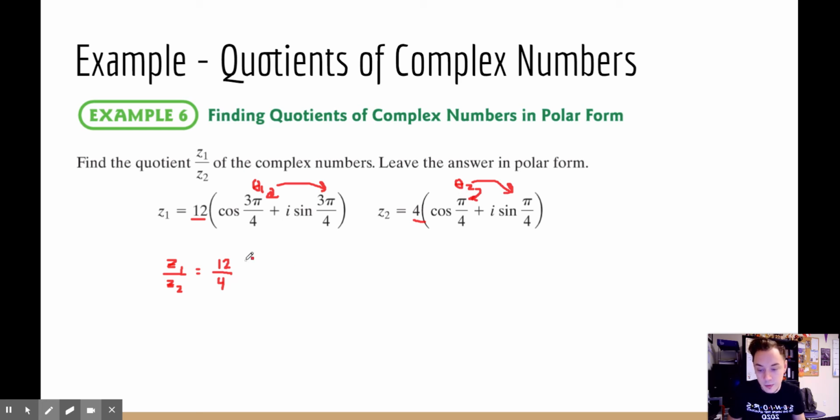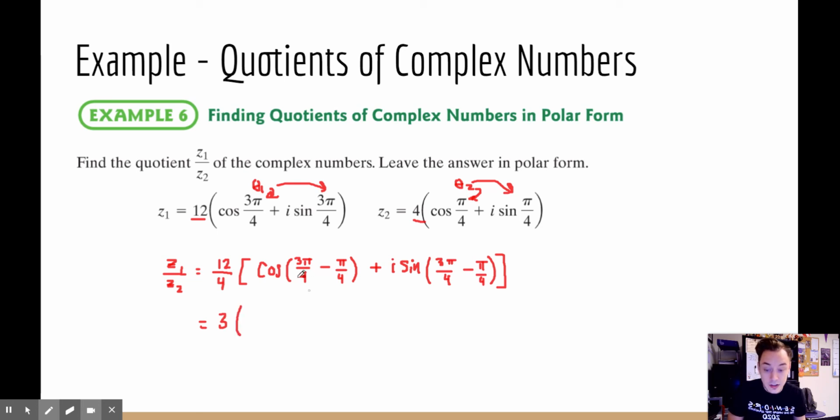So that means in brackets I have cosine of 3 pi all over 4 minus pi all over 4, plus i sine, and then exact same thing, 3 pi all over 4 minus pi all over 4. So really all of this is going to be 3.